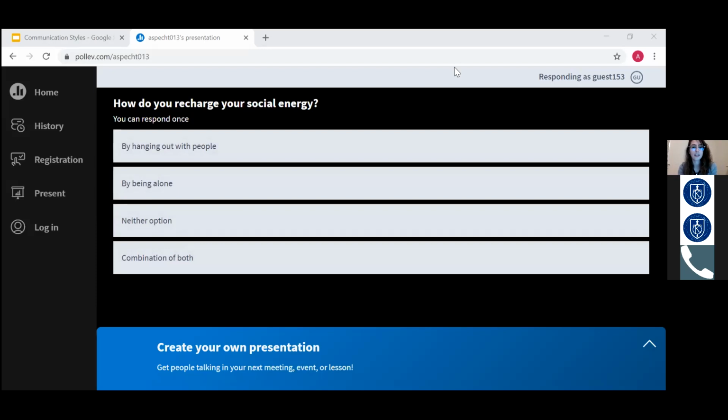So this question is, how do you recharge your social energy? This kind of relates to extroversion versus introversion. So do you do it by hanging out with people, by being alone, neither option, or combinations of both? Someone said by being alone, for sure. Awesome. Someone else said being alone, very, very introverted.